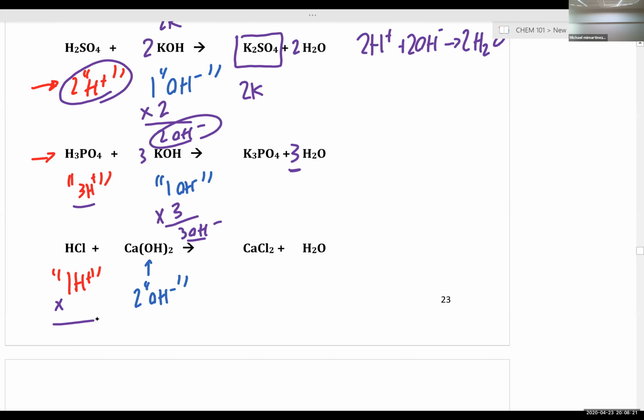What do we have to multiply our coefficient by? 2. Okay, and how many water molecules do we make? 2, exactly right. Perfect. So this is a nice trick for balancing acid-base reactions.